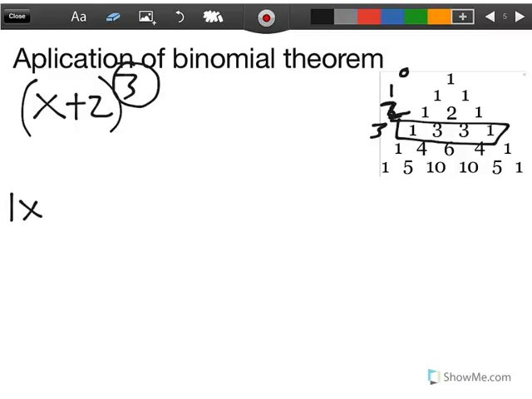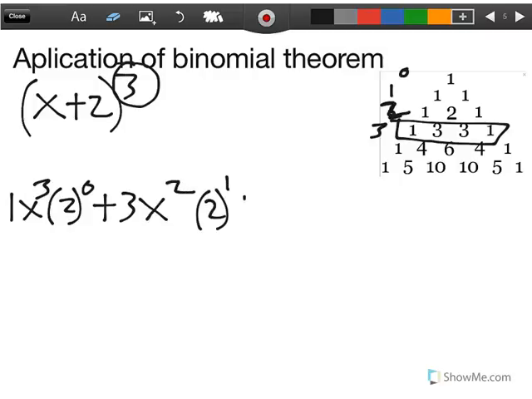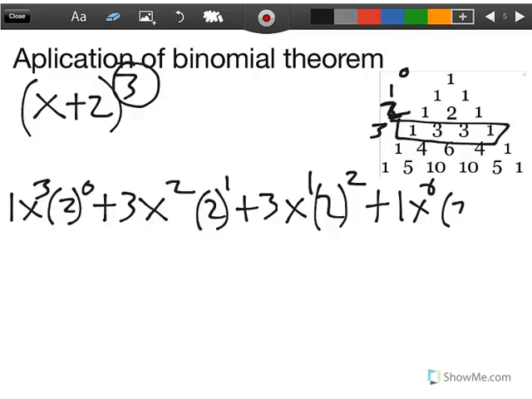We'll do 1 x cubed times 2 raised to the 0 plus 3 x squared times 2 raised to the 1 plus 3x to the 1 times 2 squared plus 1 x to the 0 times 2 cubed.